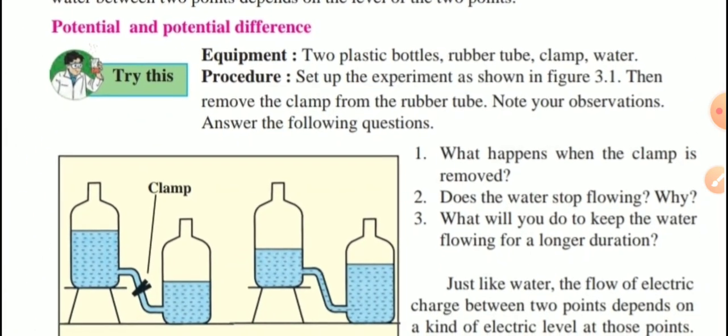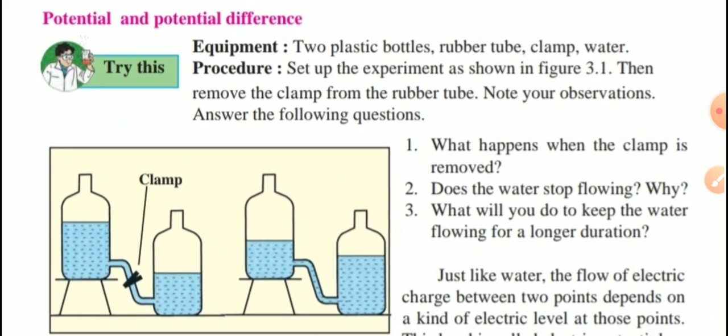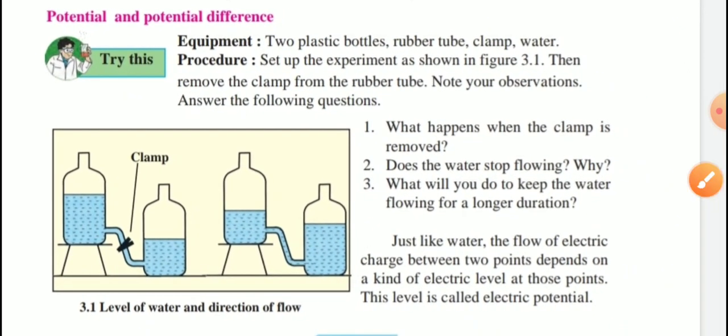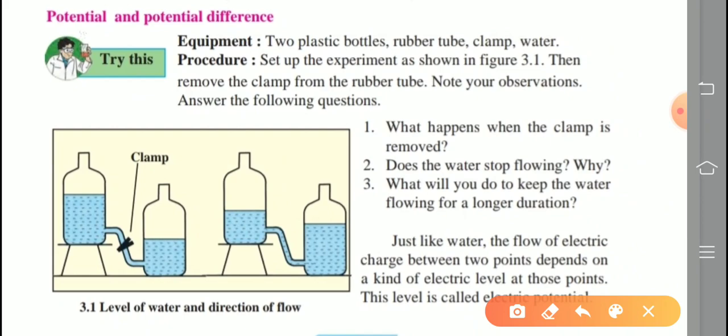Next point is given here, that is potential and potential difference. Which activity is given here? This activity part is omitted. If you are interested, you can check what is given in this, but no question will be asked on this. Try this activity.